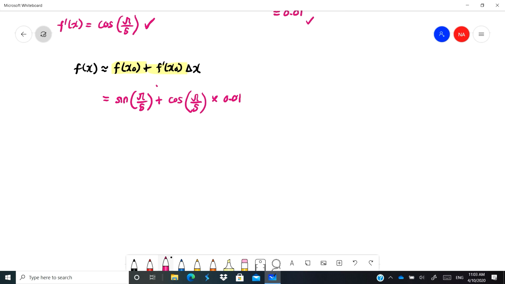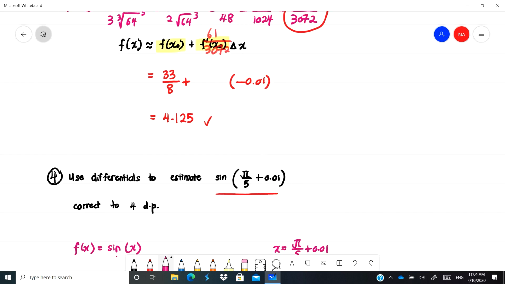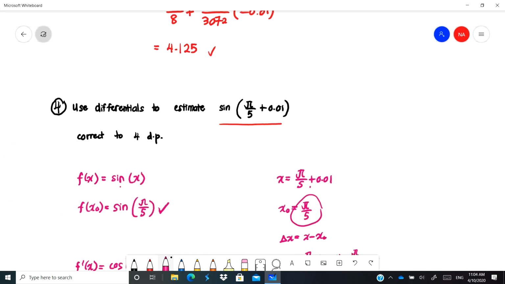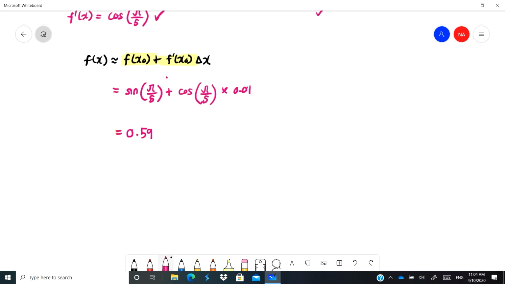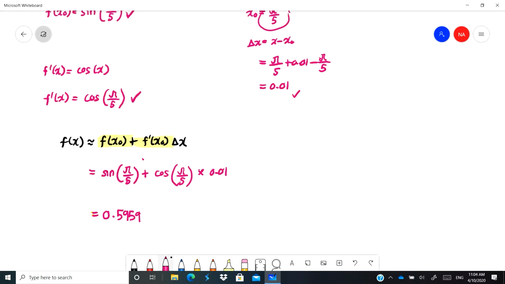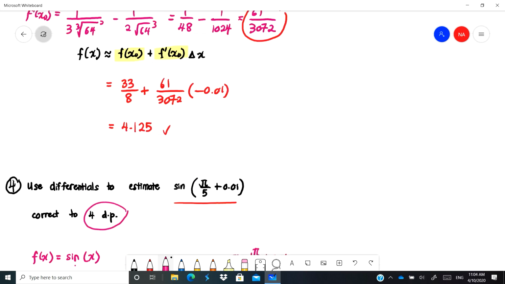So sine of pi over 5 plus cos of pi over 5 multiplied by 0.01 gives the final answer 0.59. The question asks for the final answer to 4 decimal places, so write your answer as 0.5959.